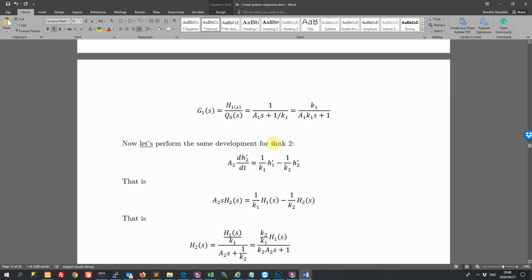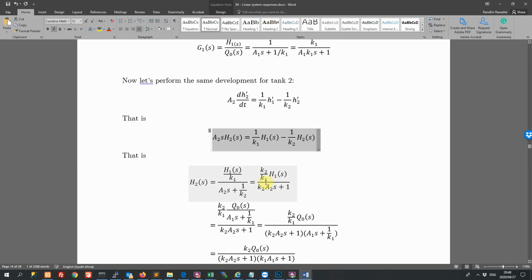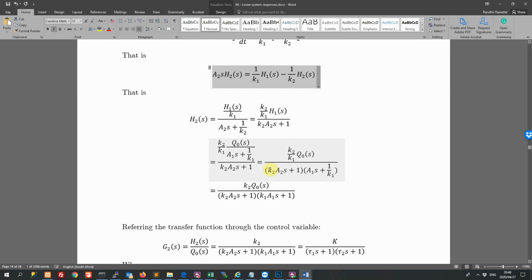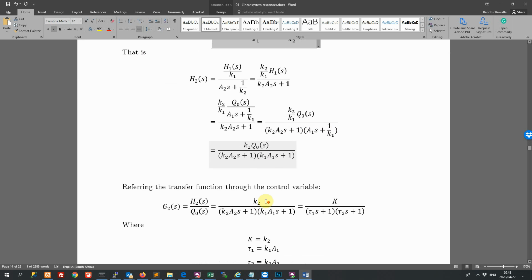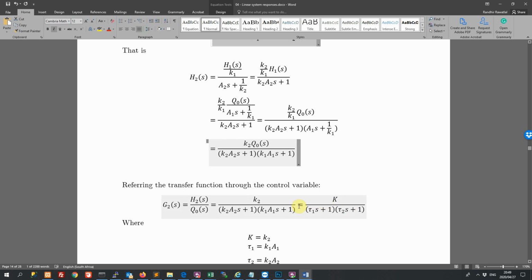Then for the second tank, we have to use what we found in the first tank. So we Laplace transform for the second tank using the first tank's Laplace transform, and then you will find this constant times s plus 1, constant times s plus 1. And so you can rewrite this whole thing in this form, which is our second order form.